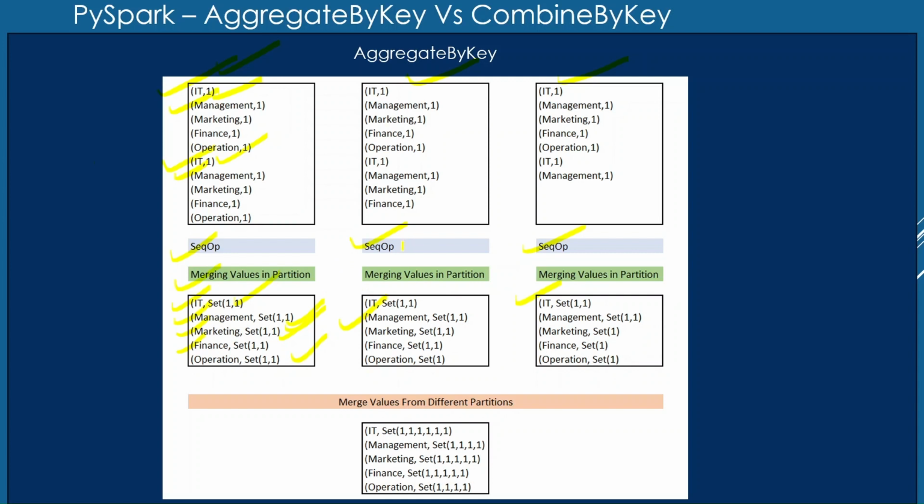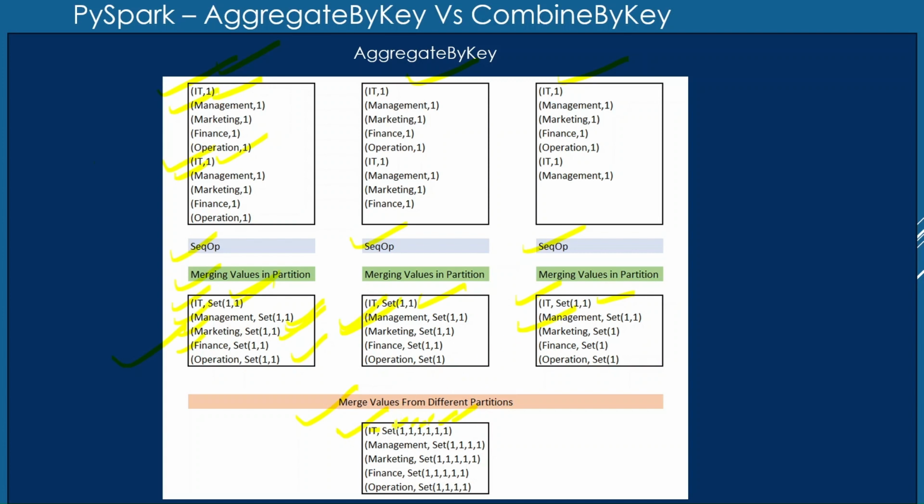When this sequence operation takes place and the merging of the value in each partition has taken place, then this shuffling process starts, and here it merges values from the different partitions. So this IT's value is coming from this partition as well as this partition as well as this partition. We can see this is the IT key and two values, 1 and 1, are coming from here, this one and this one, and this one and this one are coming from here, and these two values are coming from here.